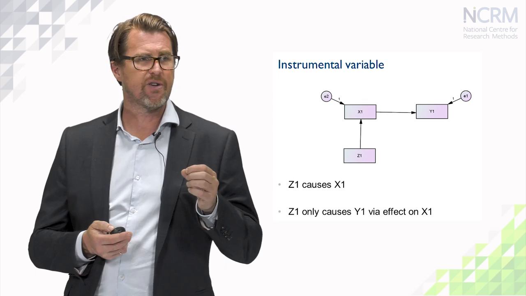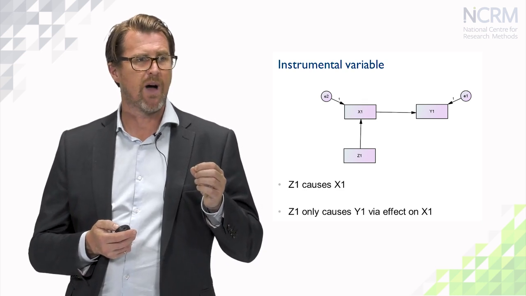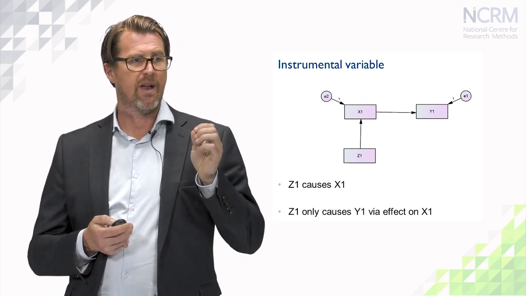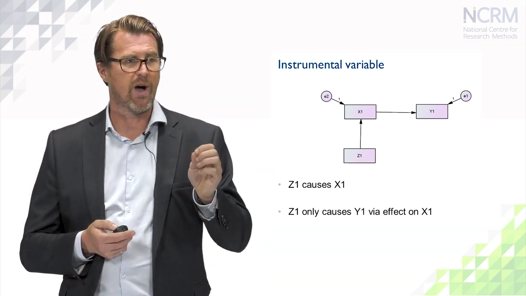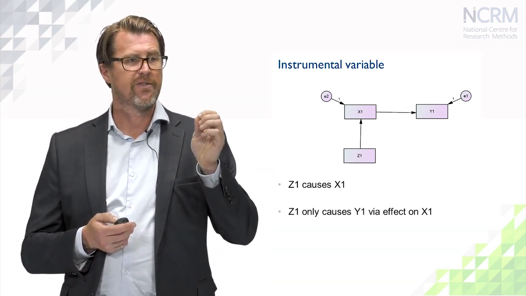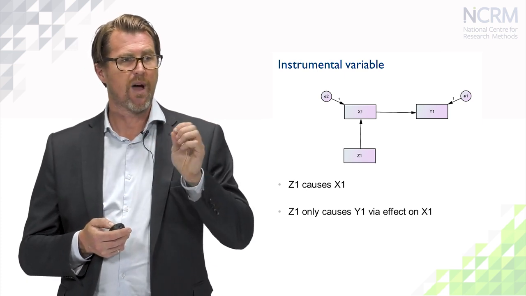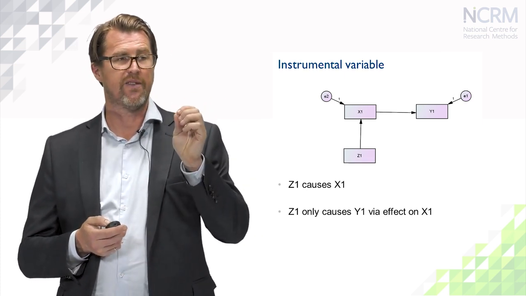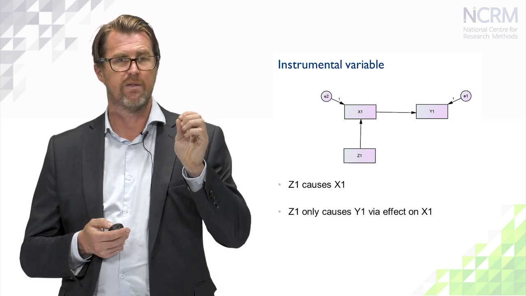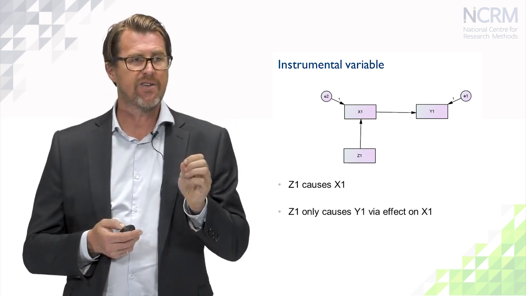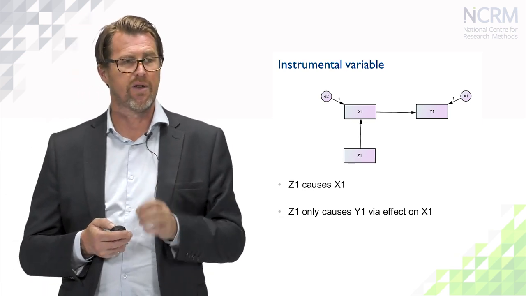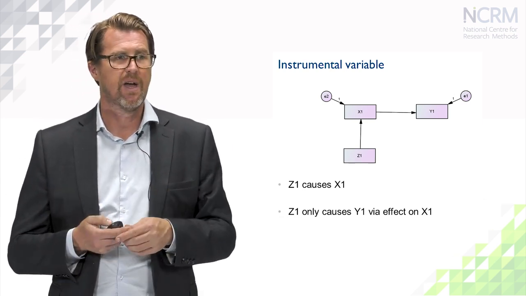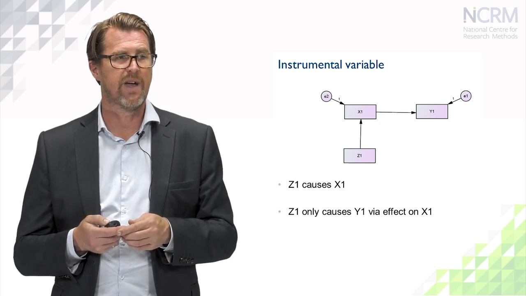We've got an endogenous regressor x1, and we need an instrument, which is z1 here, which causes x1 but doesn't cause y1 other than through its effect on x1. So you can see it has an indirect effect on y1 but not a direct effect. So this would be an instrumental variable.